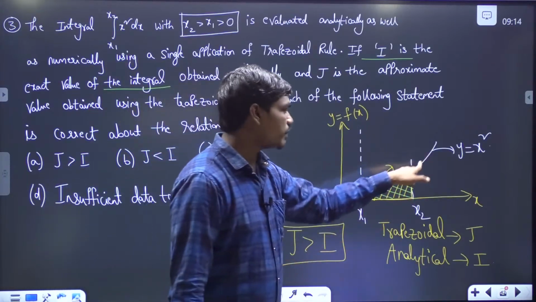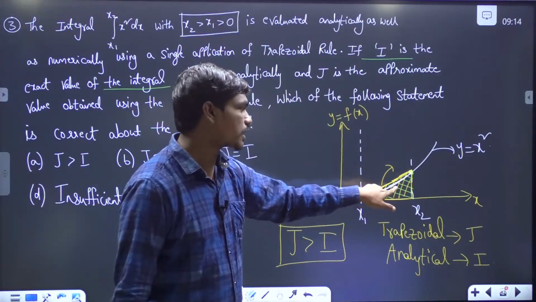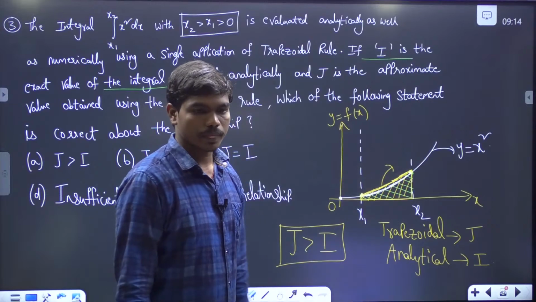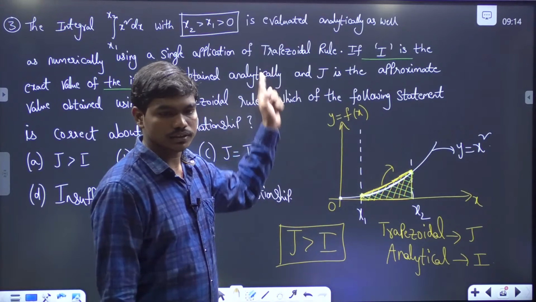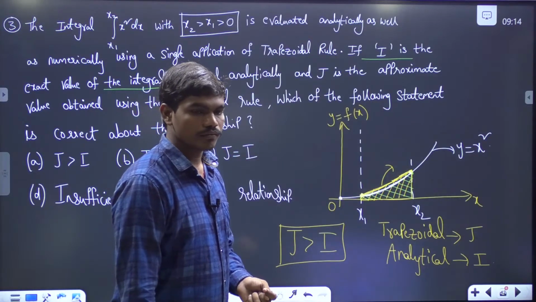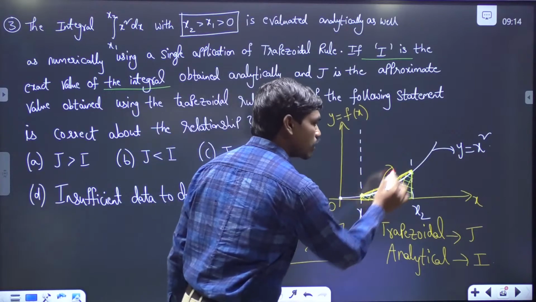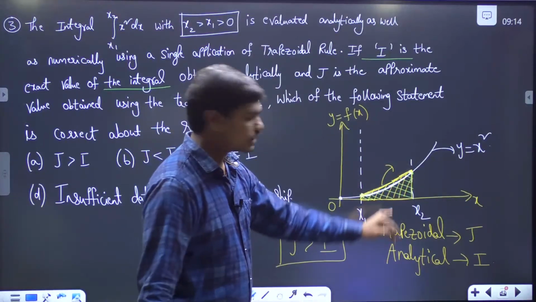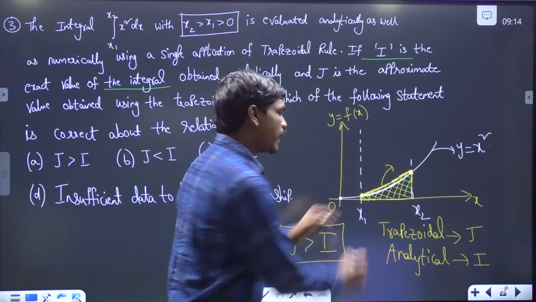This line need not be y is equal to x. It's just the line segment that's connecting these 2 points. Clear to all of you? So in any case, j is greater than I as long as it's positive. Again, x2 less than 1 is not needed, because this line is not y is equal to x. This is some random line which is connecting these 2 points a and b.